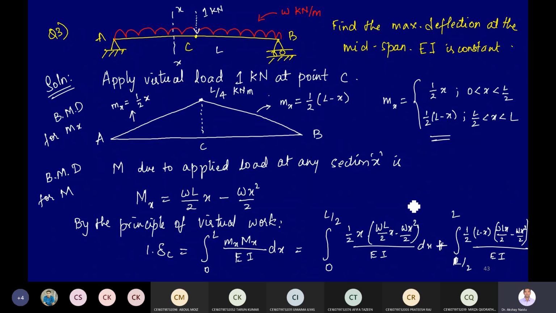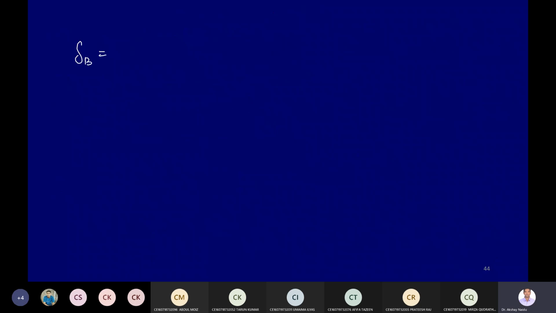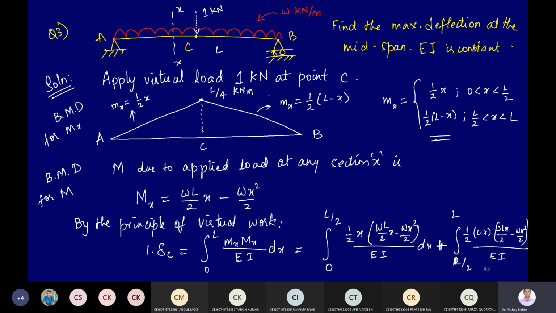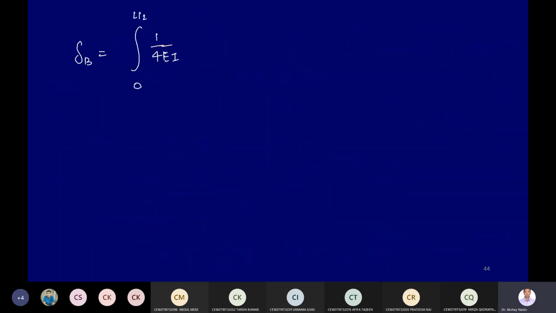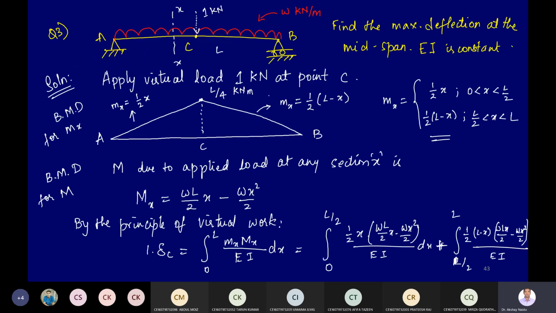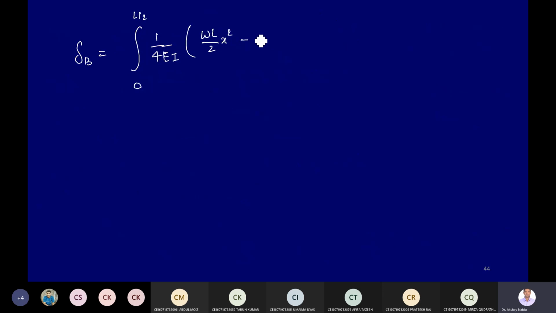So 1 by 4 EI integral 0 to L by 2, into WL by 2 x square minus WX cube by 2.